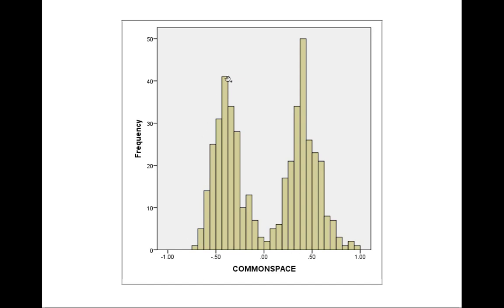About 42 House members were liberal Democrats, liberal Democrat here, 42 here. And about 50 House members were conservative Republicans, conservative Republican about here, 50 here.